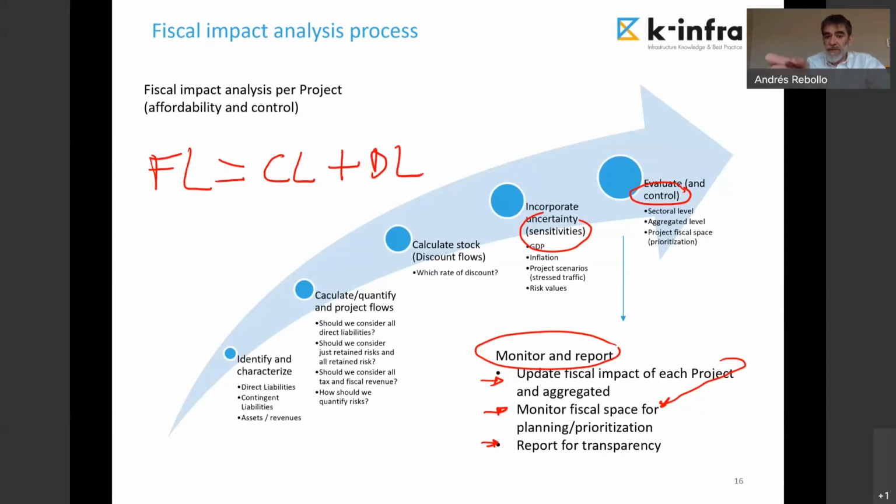So if I am transferring risk, I am decreasing the contingent liabilities because I am getting rid of one risk and transferring it to the private party. So I don't need to consider the value of that risk anymore, but the private guy is going to ask for more payment in exchange for that risk transfer, which is the risk premium. Okay?